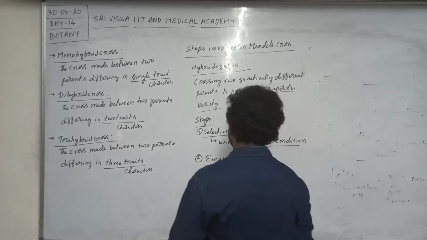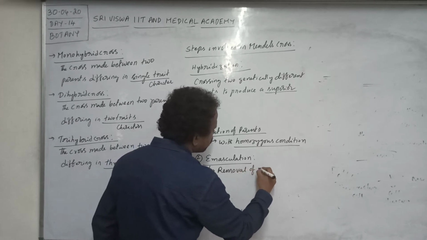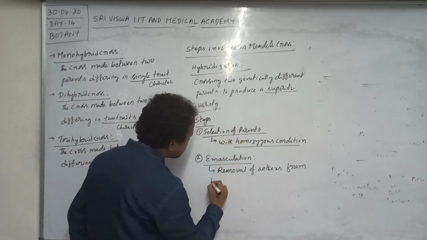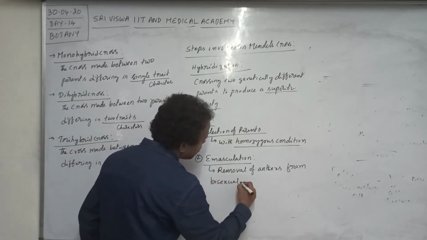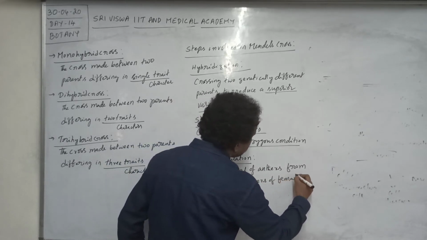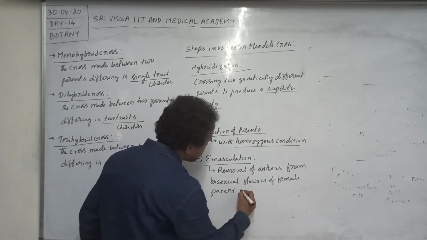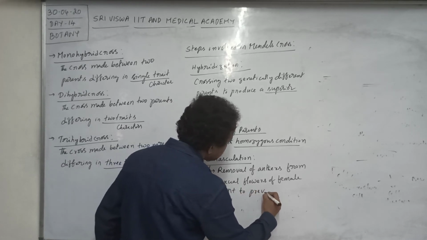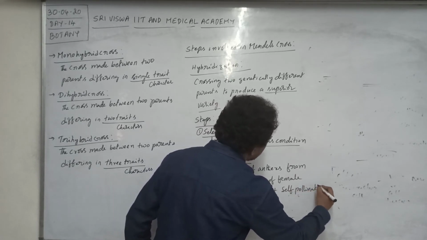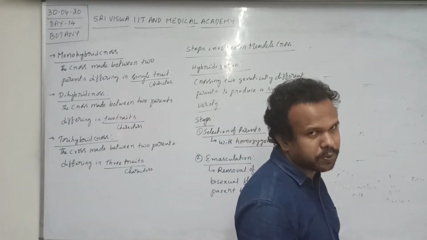Emasculation means removal of anthers from bisexual flowers of the female parent to prevent self-pollination. Very, very important. The main purpose of emasculation, very important.